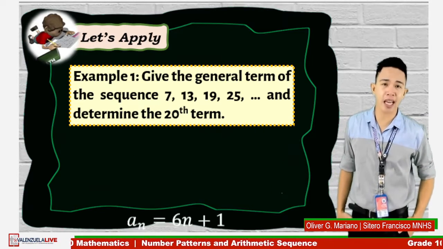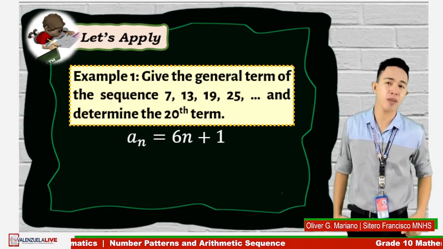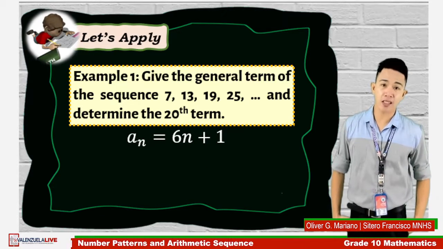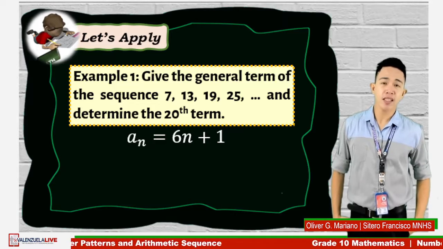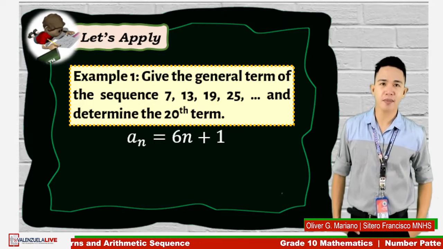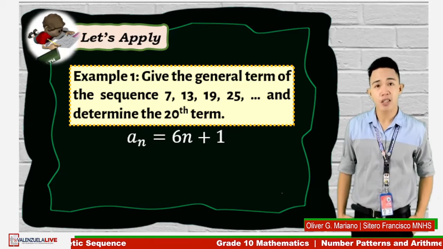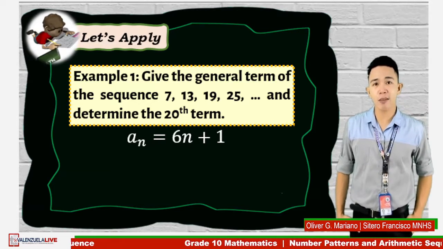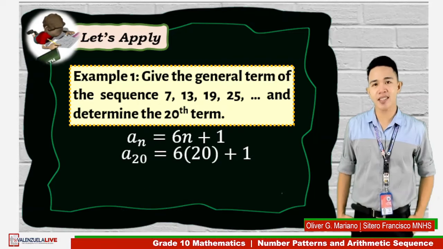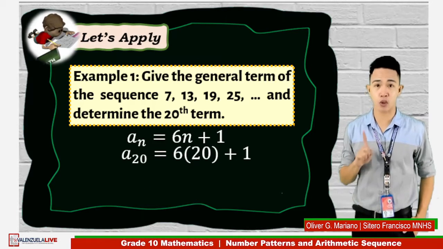First, we rewrite the obtained general term, which is a sub n is equal to 6n plus 1. Then we plug in the value of n, which is 20. So we have a sub 20 is equal to 6 times 20 plus 1.